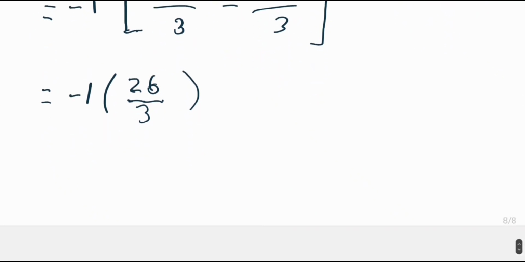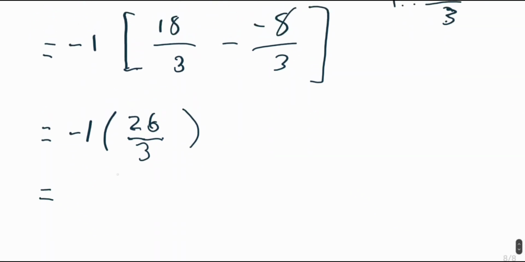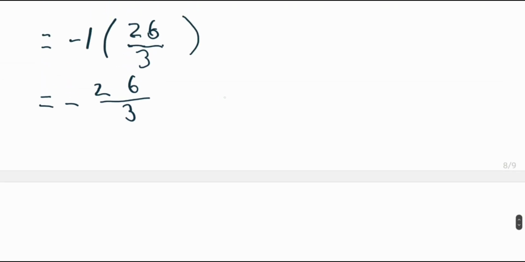So this means that it equals -26 over 3. Perfect. So area 1 equals negative 26 over 3.